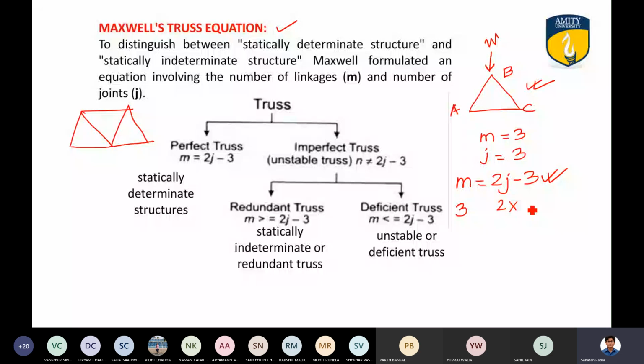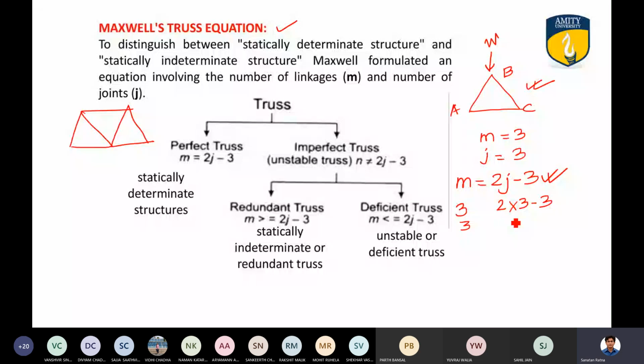This side is 3. What do I get on the RHS, right hand side? 2 into 3 minus 3, what will be the result? 3.